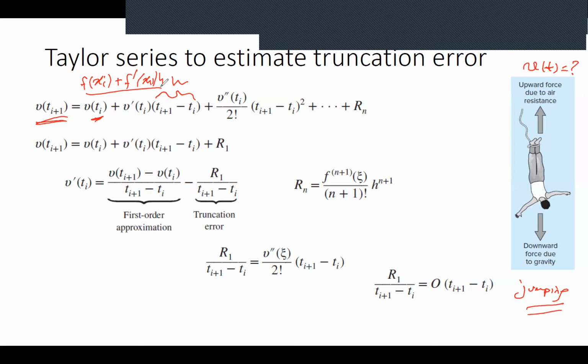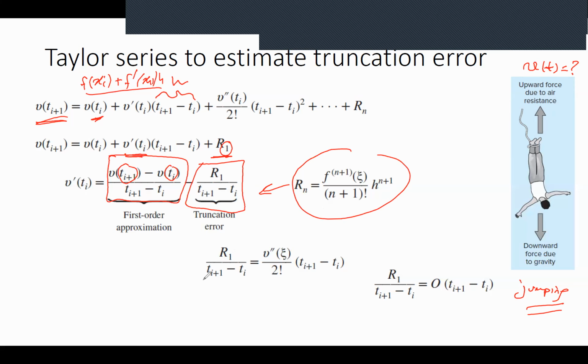Now we can write the remainder at n equals 1. So we can take this v prime(t_i) in terms of the values of the velocity at t_{i+1} and t_i. Then the first term here is going to be the first order approximation. The remaining will be the truncation error. This truncation error comes from this formula. We can rewrite this.